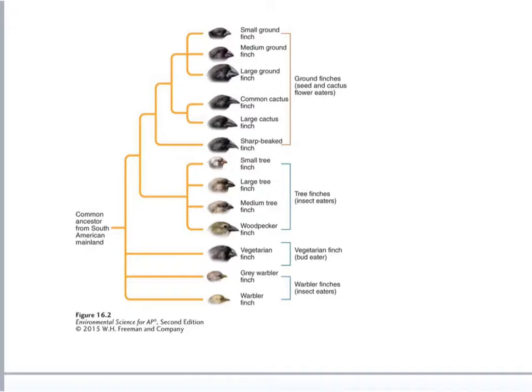Darwin's finches were believed to be a result of allopatric speciation, where all of these finches had evolved certain mouth parts based on where they were.